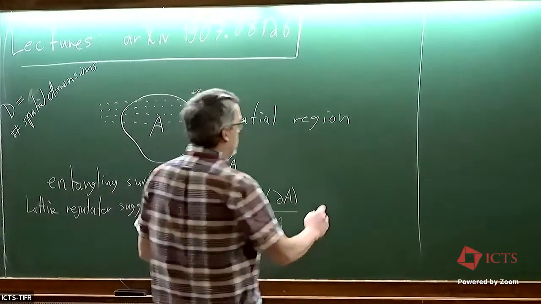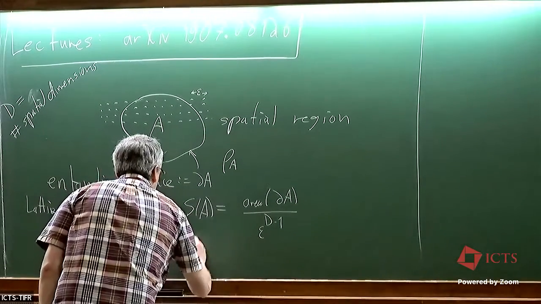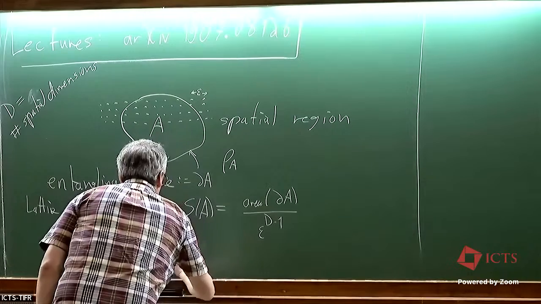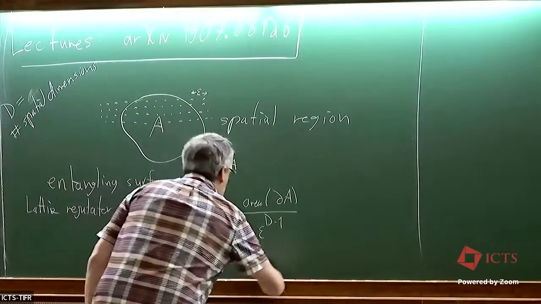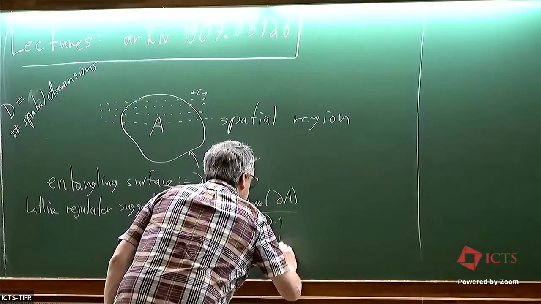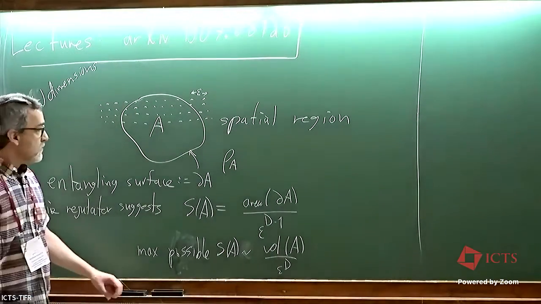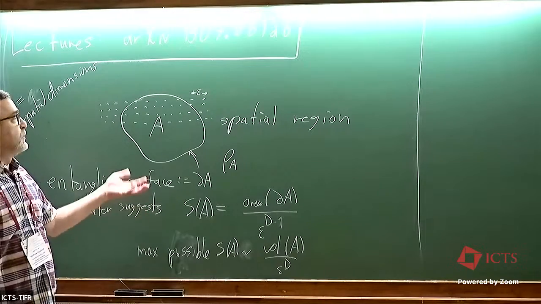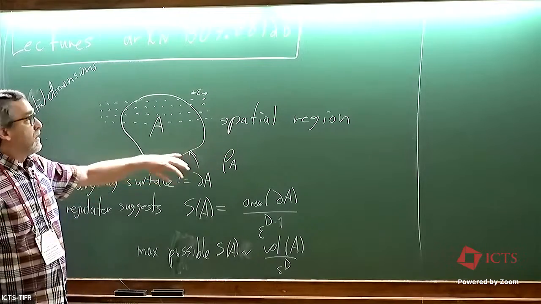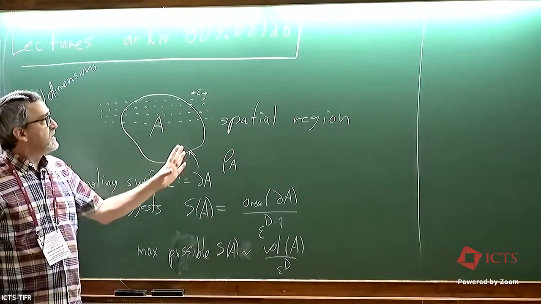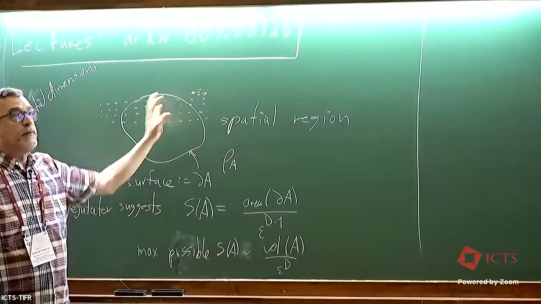So the max possible S of A goes like the volume of A in units of epsilon to the D. And because we assume that the Hamiltonian is local, because we assume that the physics is local, and therefore that most of the entanglement occurs across the entangling surface, the amount of entanglement is very small.